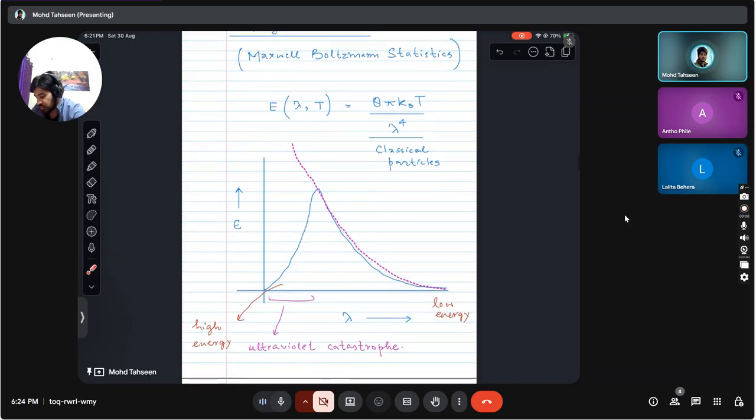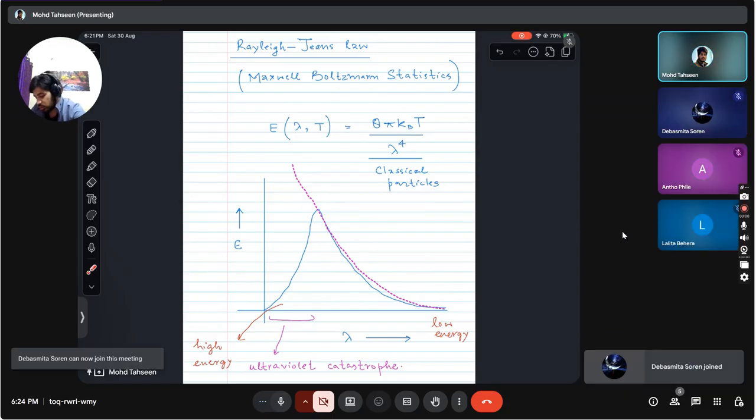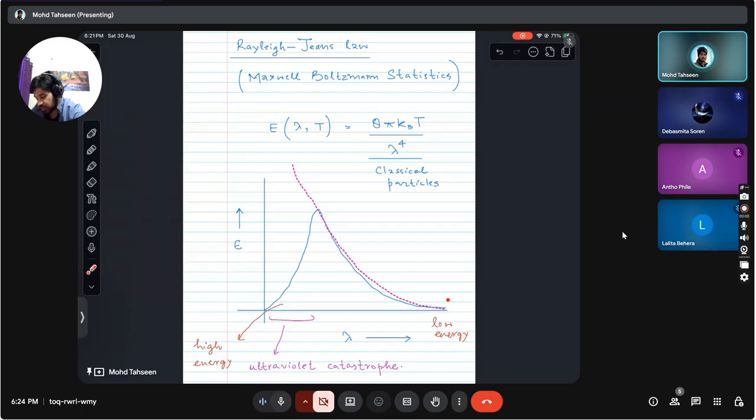So we see that low energies correspond to high wavelength, or lesser values of frequency. At low frequency, the trend predicted by the Maxwell-Boltzmann statistics is in line with what's observed experimentally.